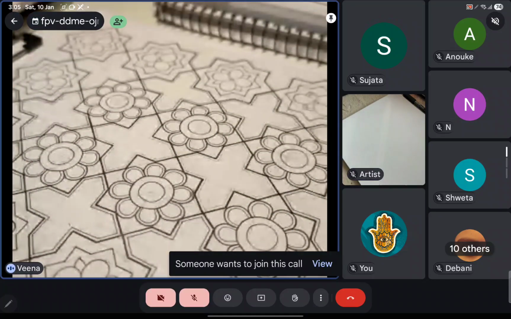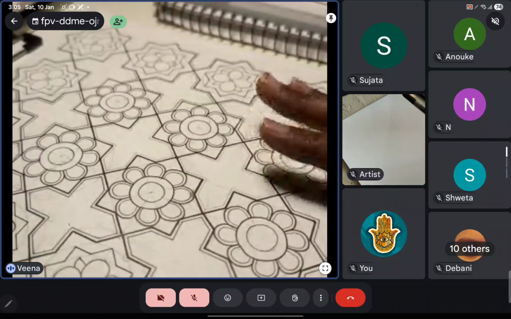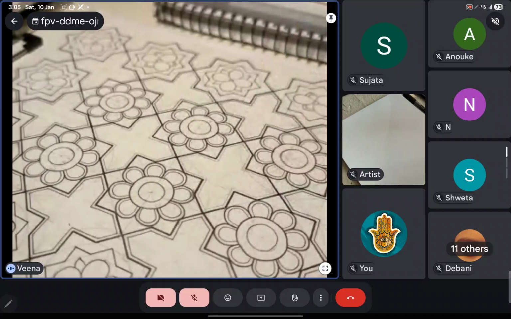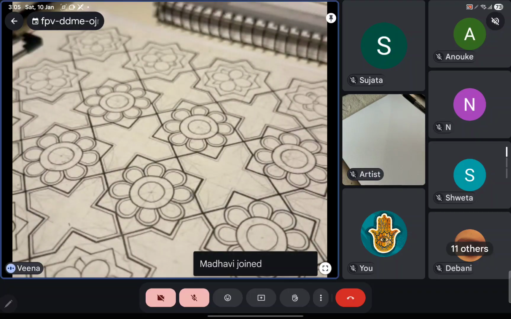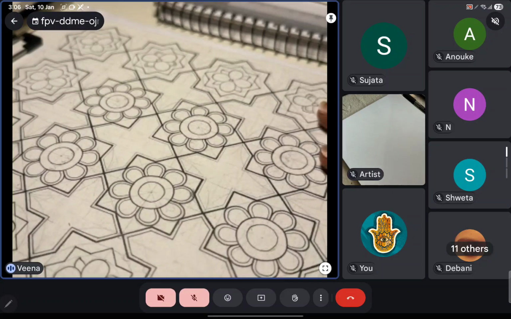Now the grid construction will be done with a different method, considering the time of the class, and I'm sure many of you would be doing this for the first time. So we'll approach this a little differently, but I would like to show you how we traditionally make a circle and create a square out of it.